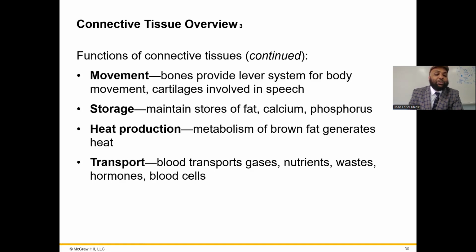And the connective tissue is important for heat production due to the metabolism of brown fat, adipose tissue, generating heat. Connective tissue is also important for transport, and the blood transports gases, nutrients, waste, hormones, and blood cells.